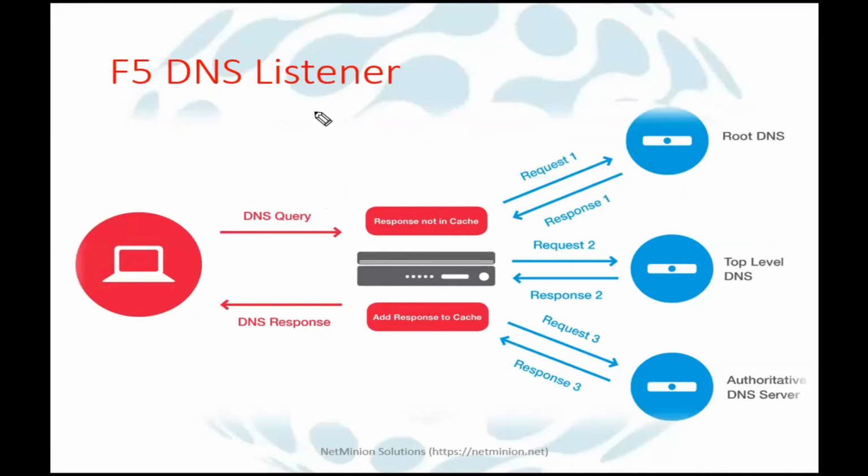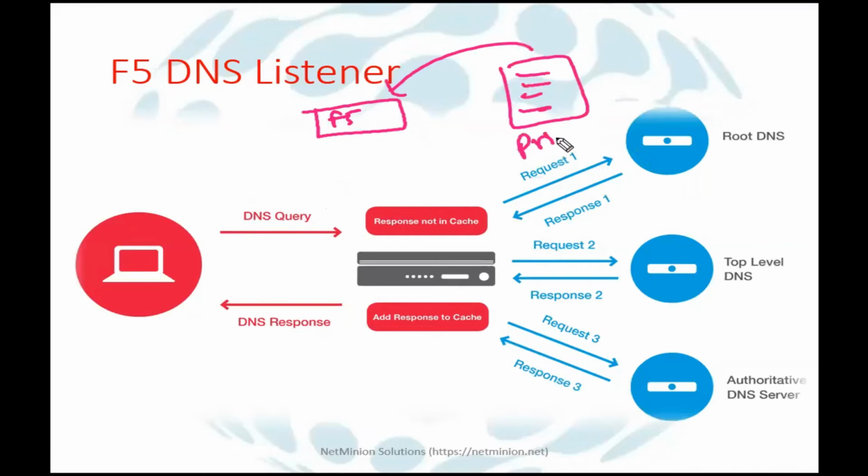How? Because I told you F5 DNS can import the zones from the primary server. Transferring the zone means transferring all the resource records, and F5 will become the authoritative server.